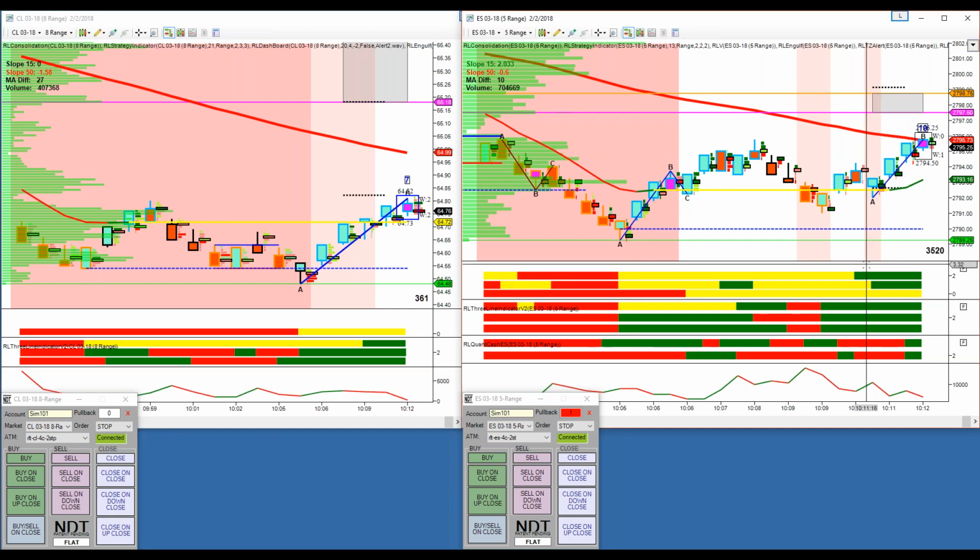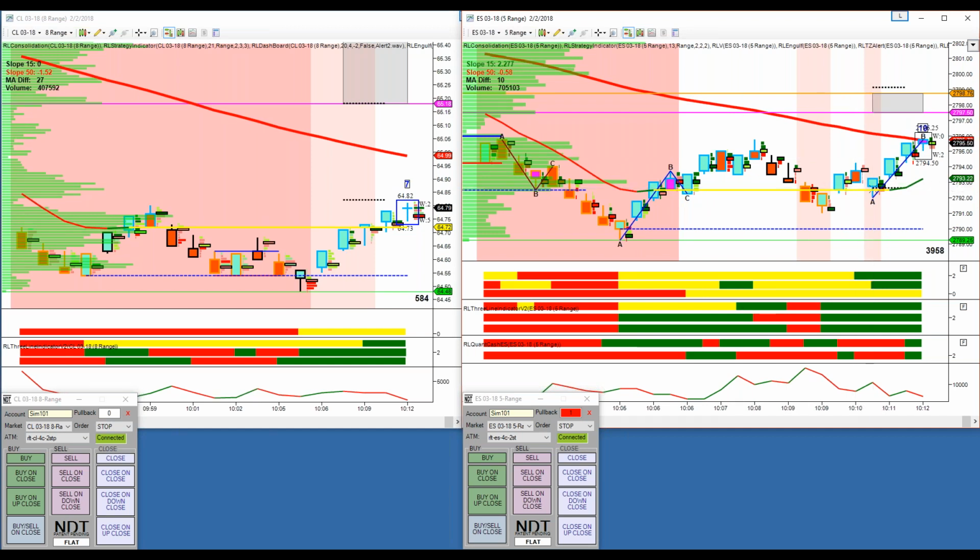Let's get this up close. All right, let's watch this roll off the 50. That was really almost a potential trade on the major quant in the 3 line.